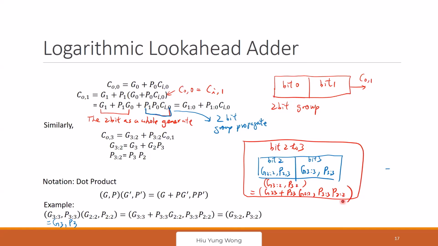That is what we're trying to say. So if you have 2 bits here, you combine them as the whole group, then to label it, it becomes P32, meaning the group of bit 3 to bit 2, and then we have generate and propagate. To calculate the generate, we use this equation. To calculate the propagate of this whole group, we use this equation.